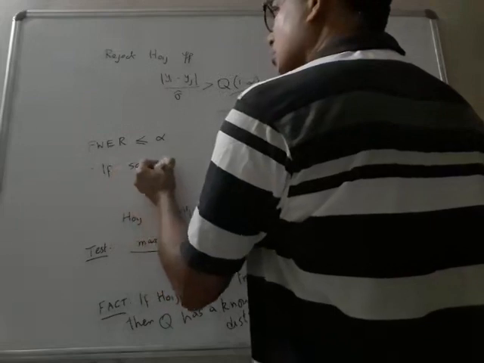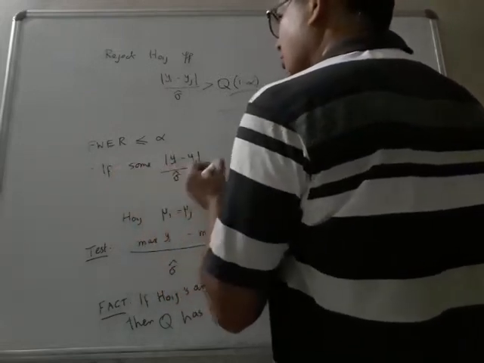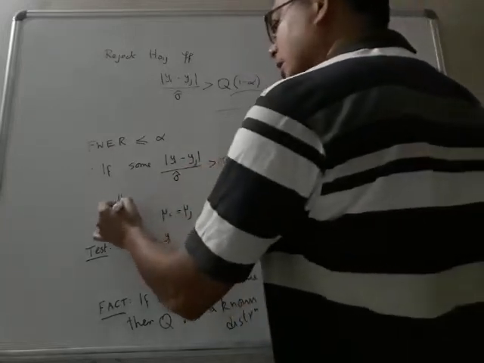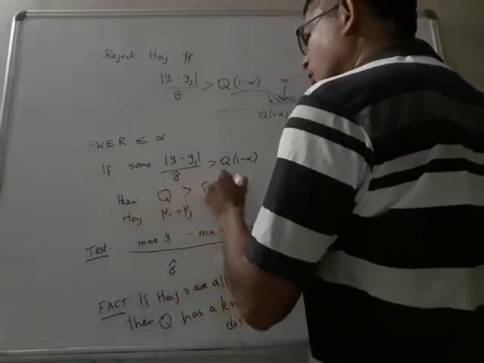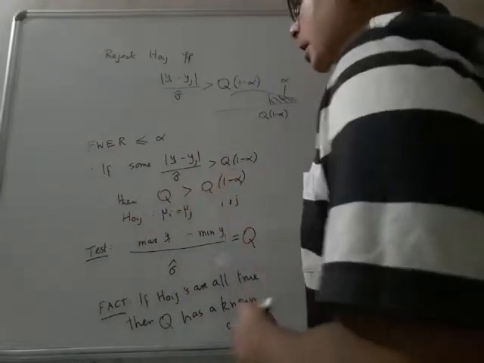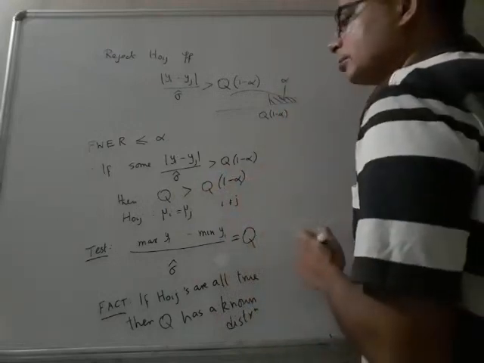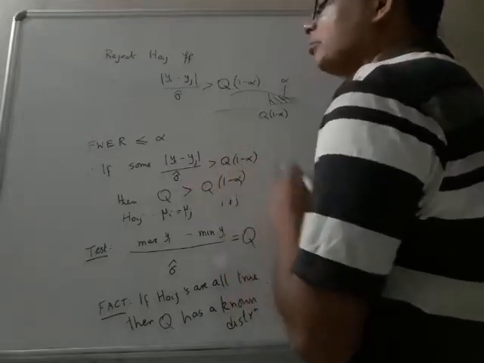So if some yi minus yj by sigma hat exceeds q1 minus alpha, then definitely Q exceeds q1 minus alpha. And the chance of that happening is already alpha. Therefore, if this happens, then that must happen.